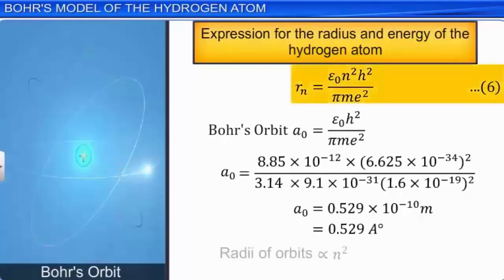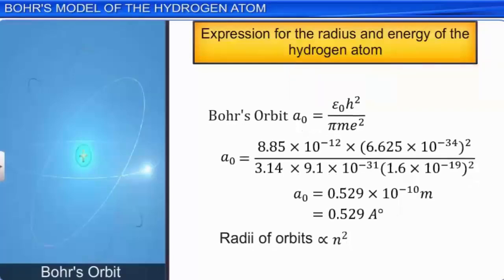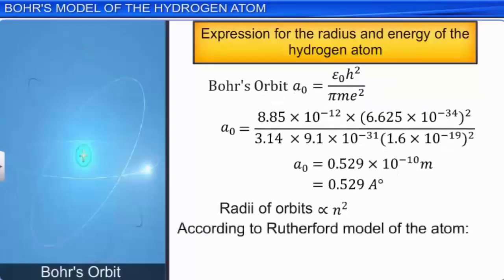According to Rutherford's model of the atom, the energy E_n of an electron for a particular orbit of radius r_n is equal to −e² by 8πε₀ r_n, where n is the principal quantum number. Let this be equation 7.